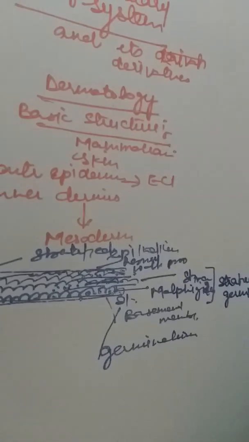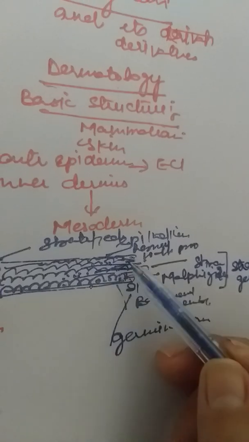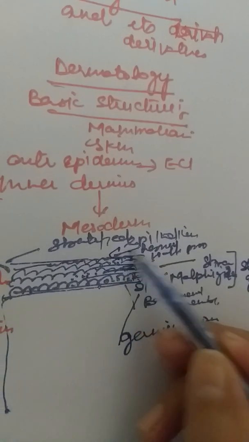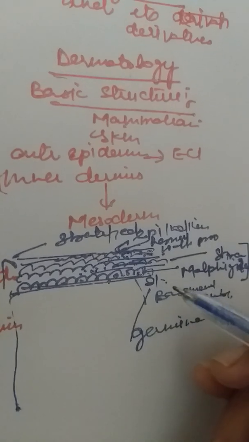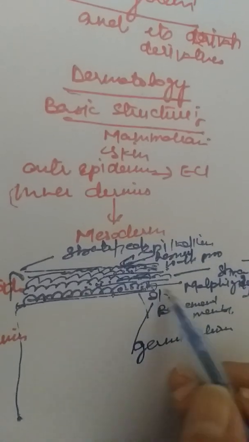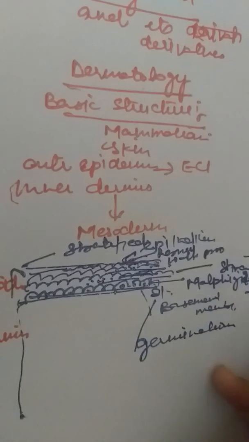This layer keeps on adding new cells to the upper layers, and the topmost layer keeps sloughing off, as our skin does, and gets replaced by freshly added dividing cells from the stratum germinativum.